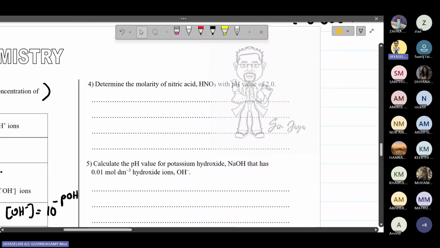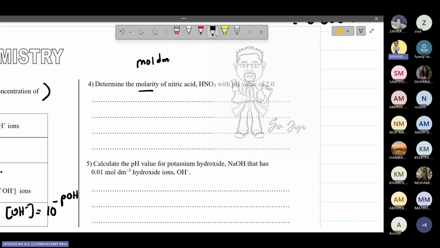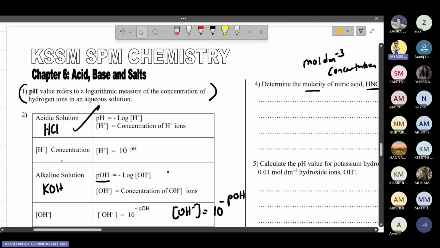Determine the molarity. What is the unit for molarity? Mole DM negative 3. Molarity means they want the concentration. Here they give you acid, that means they want the concentration of hydrogen ion. So which formula you have to use? This formula, the second formula.